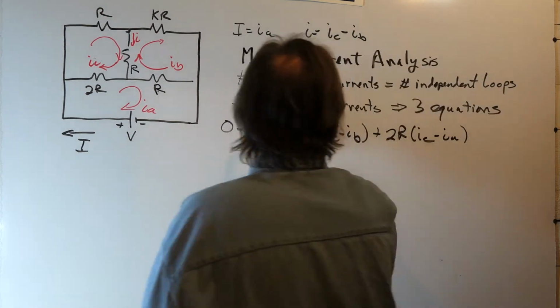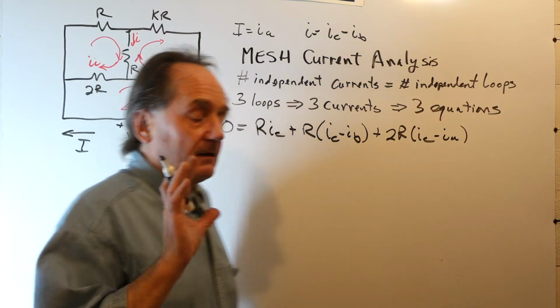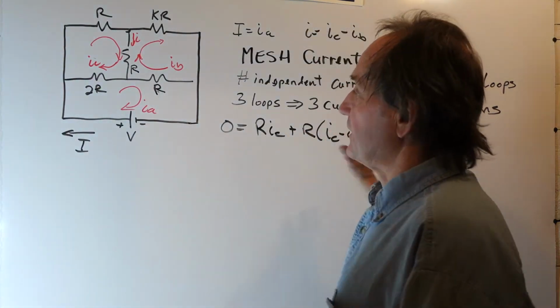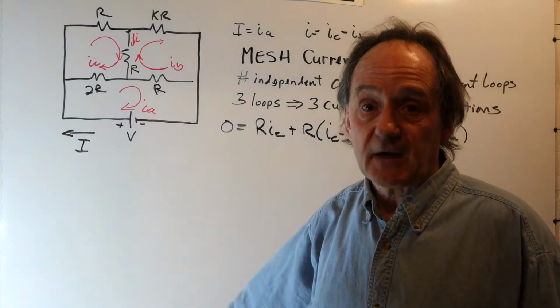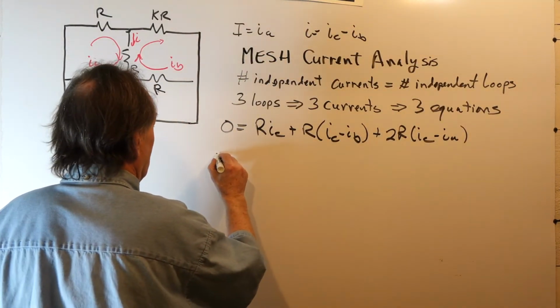Then we can simplify the equations by combining like terms. But because I've chosen the orientations this way, I can write the whole matrix system down by inspection. I'll just show you briefly how that works.